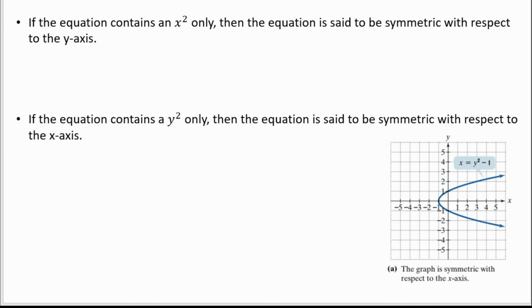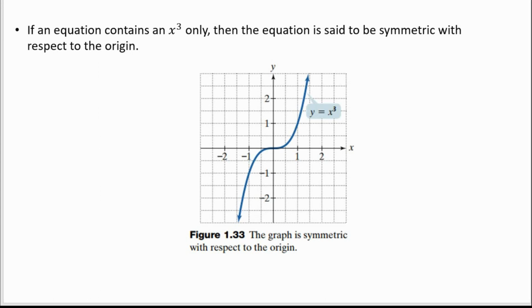So you see the y squared nature. If an equation contains an x cubed, x to the third only, then the equation is said to be symmetric with respect to the origin. Now it's pretty cool because if we look at y equal to negative x to the third, then this graph does this.